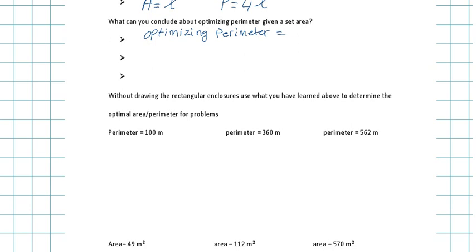What's the shape? So it's a square. And again, the formulas are still the same, so A equals L squared and P equals 4L.